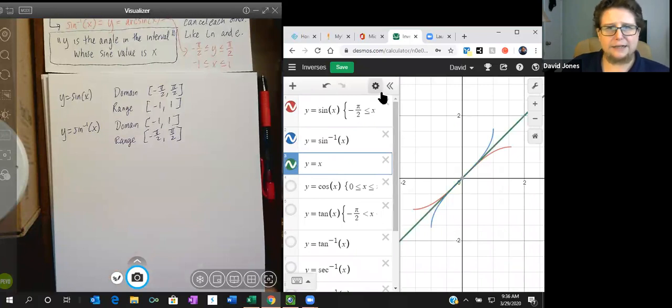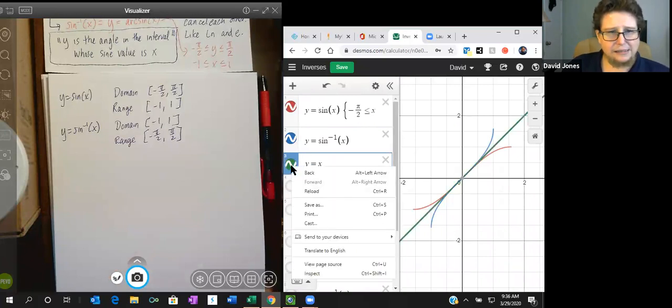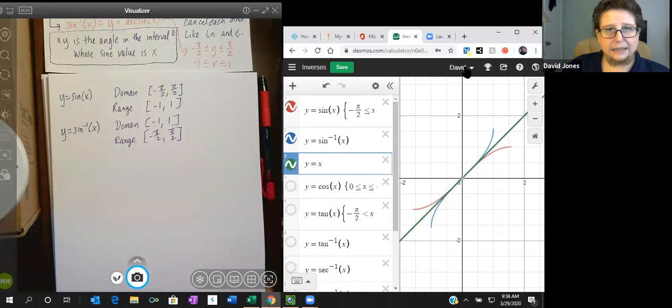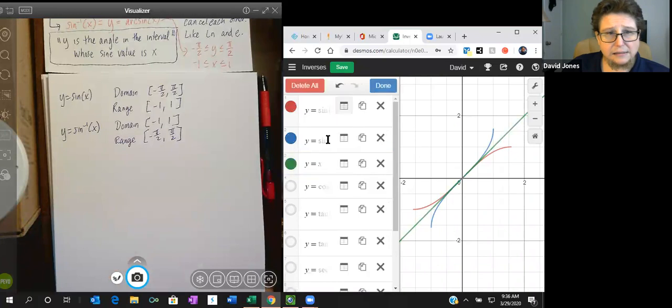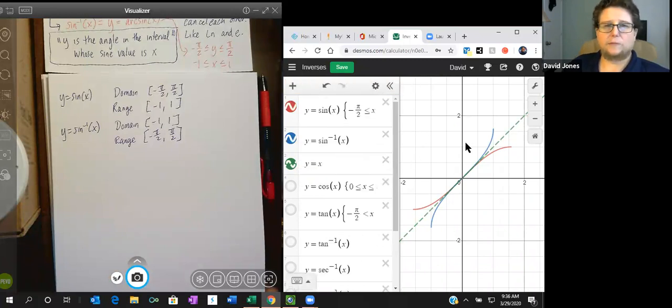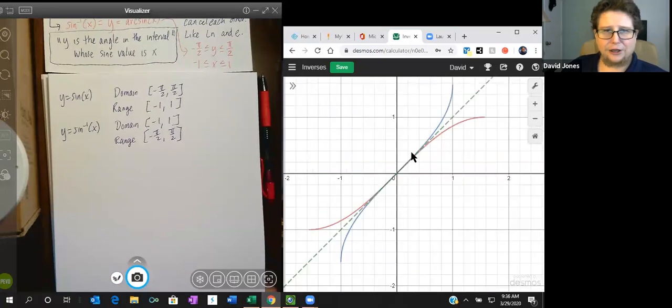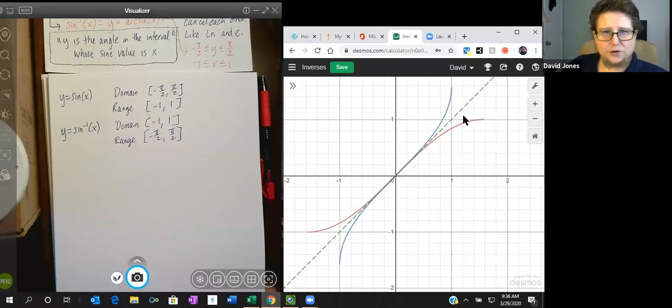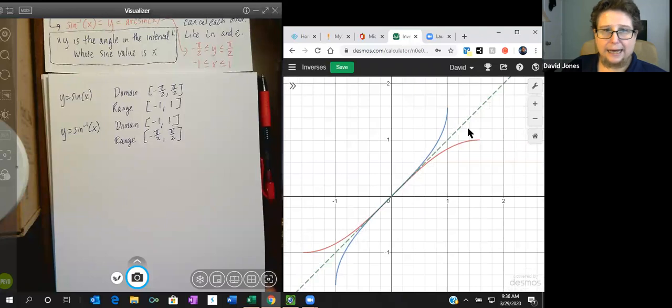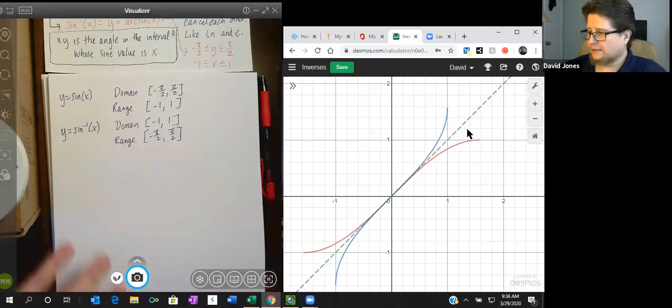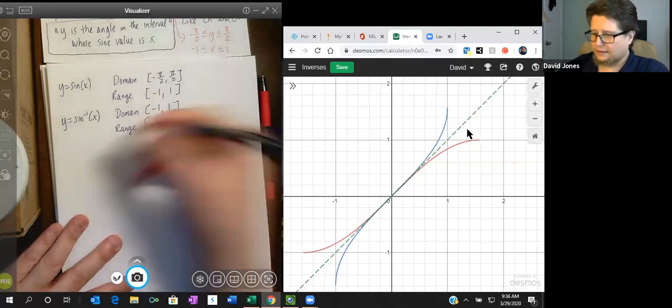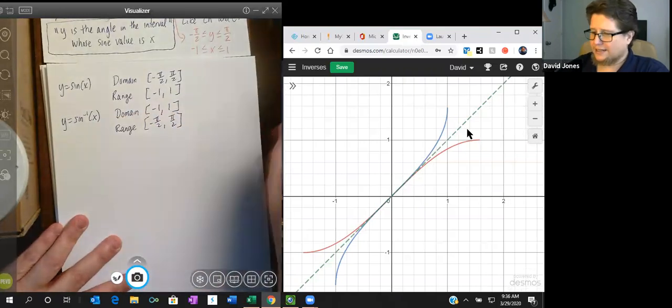The other properties of inverses. There we go. I like it dotted. If we look at it right here, this green dotted line is y equals x. And so that's the other property.